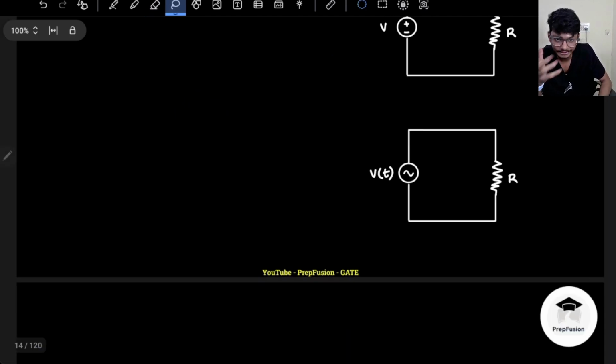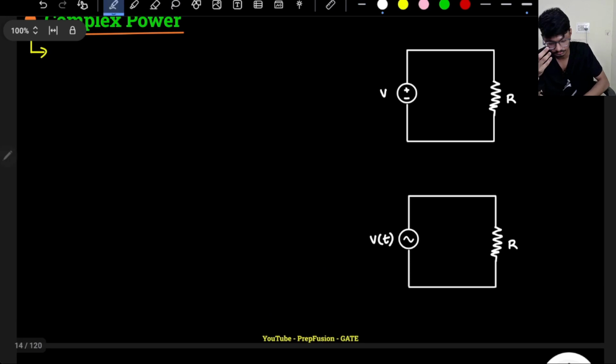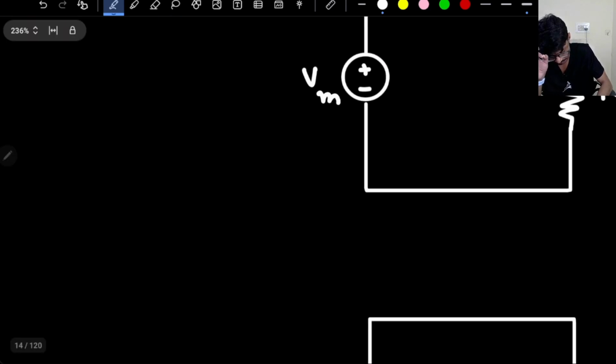Okay, so here what we observe is, what is my power? Power in a DC source is very, very simple, right? It is simply the voltage times current, because it is a constant DC value. Let's assume this to be Vm only.